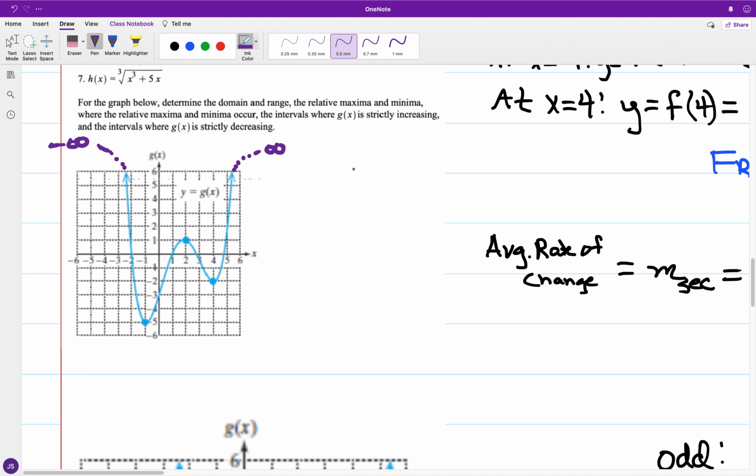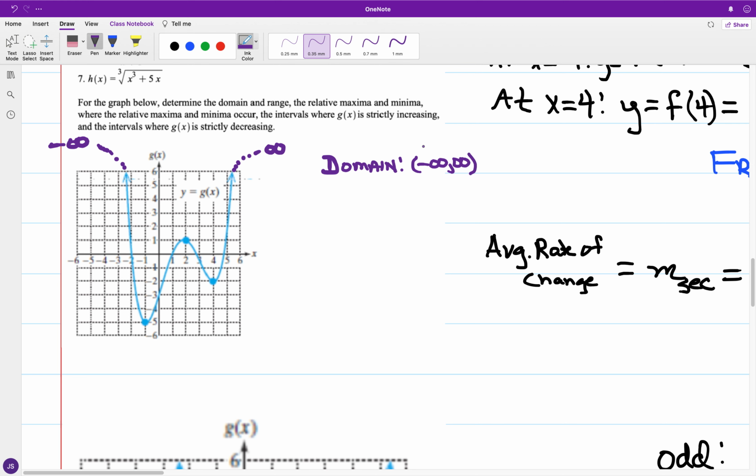So for the domain, you have between negative and positive infinity.